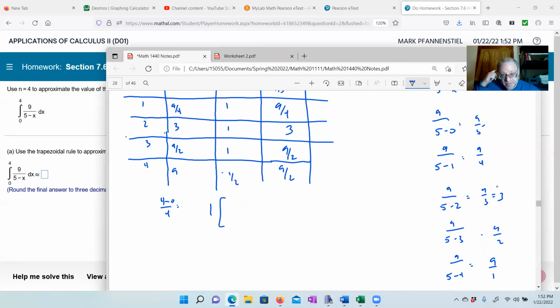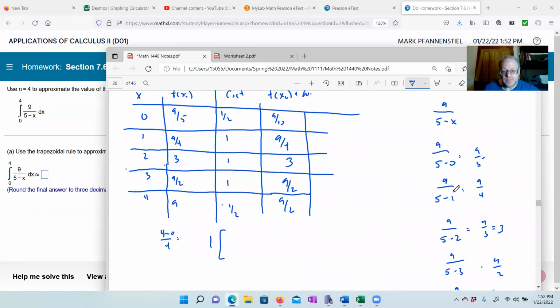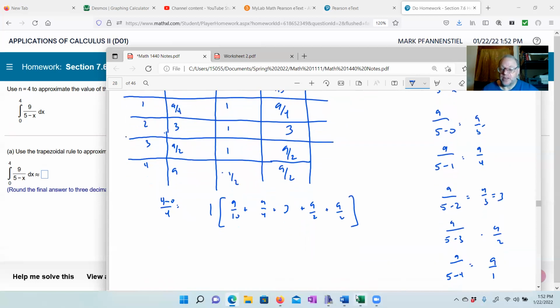And then what we have here is 9/10 plus 9/4 plus 3 plus 9/2 plus 9/2. Now, later on, when we get to Simpson's rule, I don't want to remember like 4-2, 4-2, because I know I'm going to mess that up. So we're just going to add this up here and see.